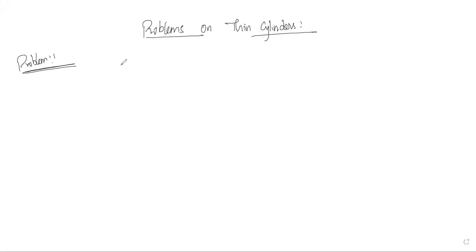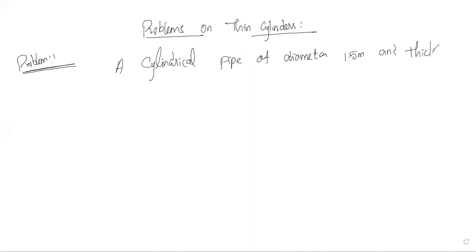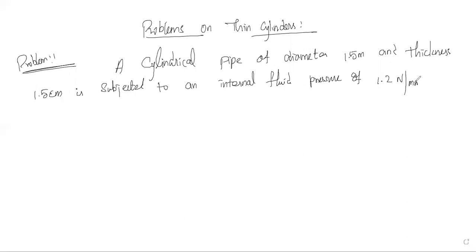Okay, the given data: a cylindrical pipe of diameter 1.5 meter and thickness 1.5 centimeters is subjected to an internal fluid pressure of 1.2 Newton per mm square.